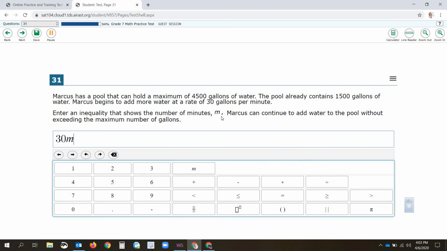So 30 times the number of minutes is going to be less than or equal to 3,000. And if we solved that, we would find the number of minutes. If you divided both of these by 30, you would see that it would be 100 minutes. If we went less than or equal to 100 minutes, we'd be good. If we went even a second over 100 minutes, that pool is going to overflow.